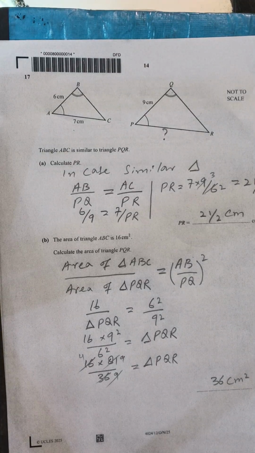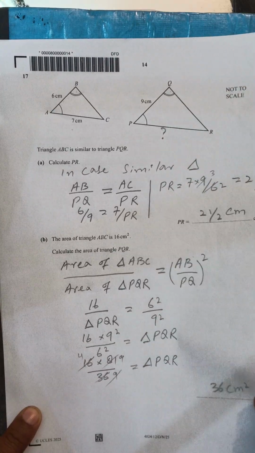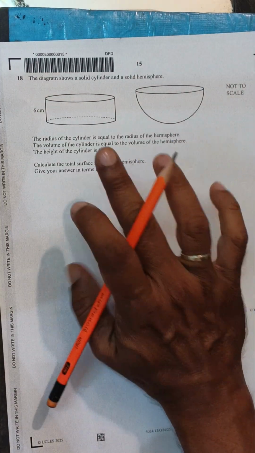Now move forward to another question. Question number 18. Look at question number 18. The diagram shows a solid cylinder and a solid hemisphere. This is the hemisphere and this is the cylinder.